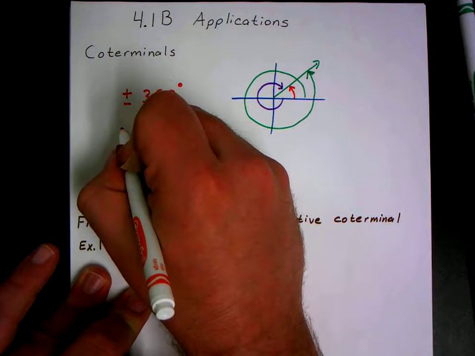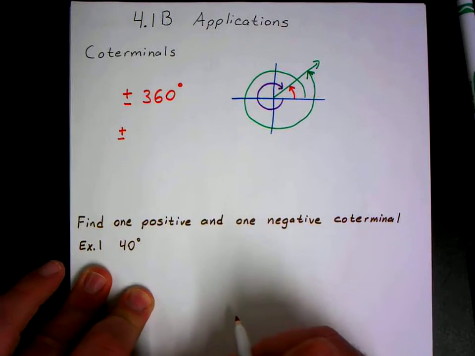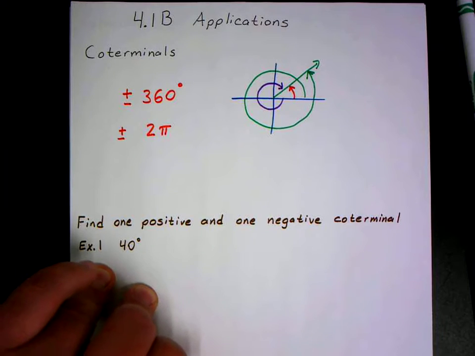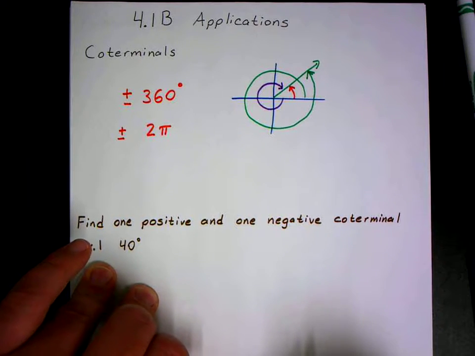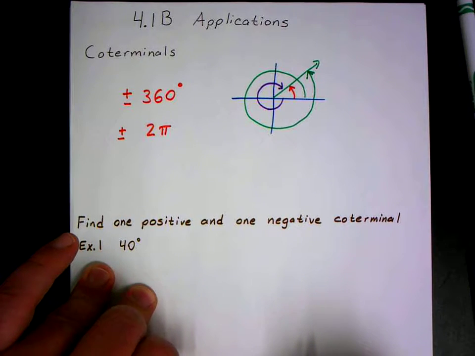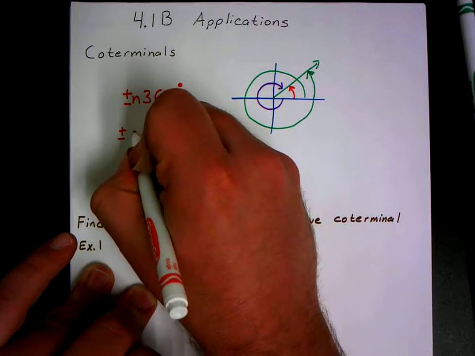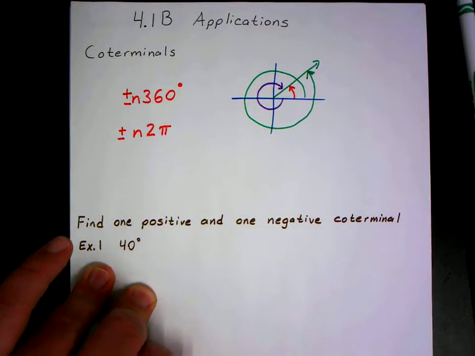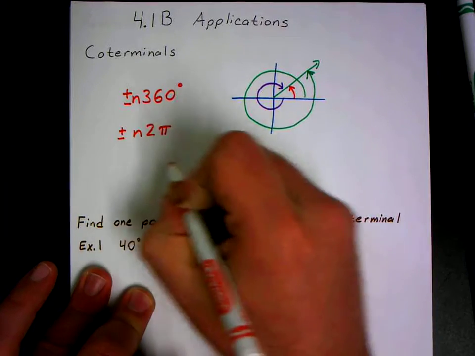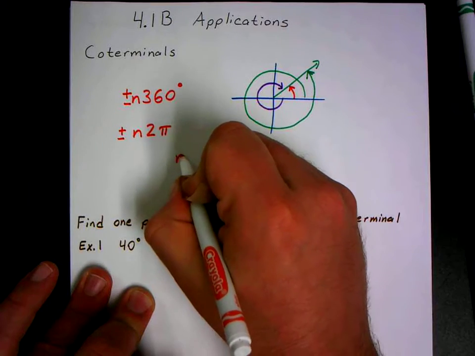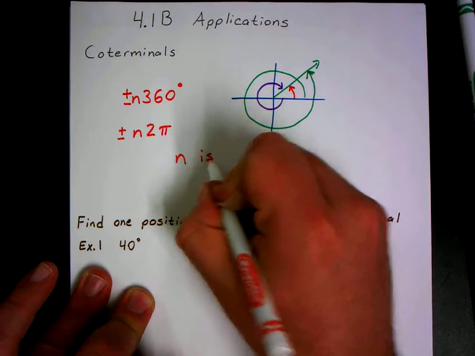Or, if I'm working in radians, what am I going to add or subtract? 2 pi. Now, I can add or subtract 360 or 2 pi as many times as I want to, correct? So what we do is we put an n in front of that. And we say n is a natural number.